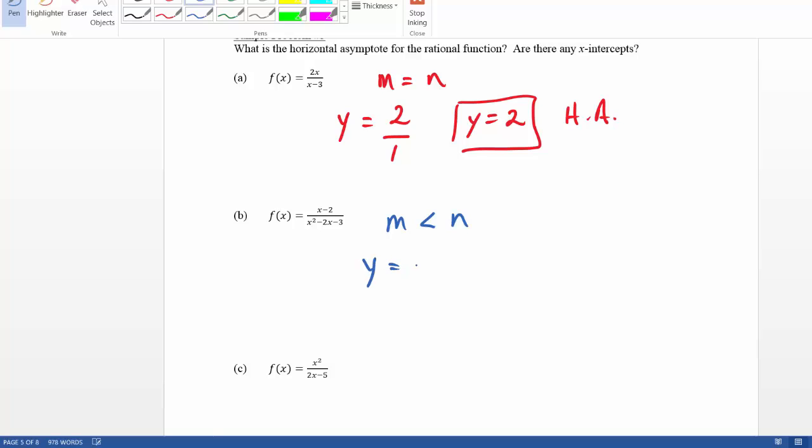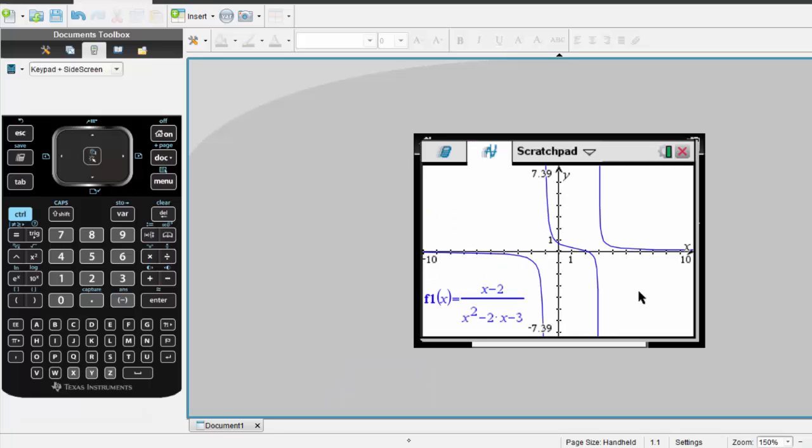So y equals 0, which is our x-axis, is our horizontal asymptote. So that was a pretty straightforward one. And a quick glance at the graph shows us that at 2, 0, we intersect the x-axis.